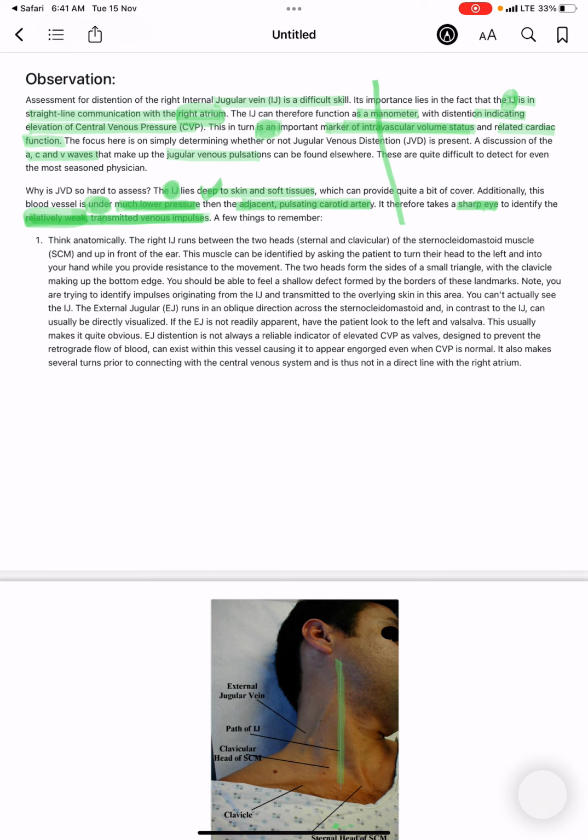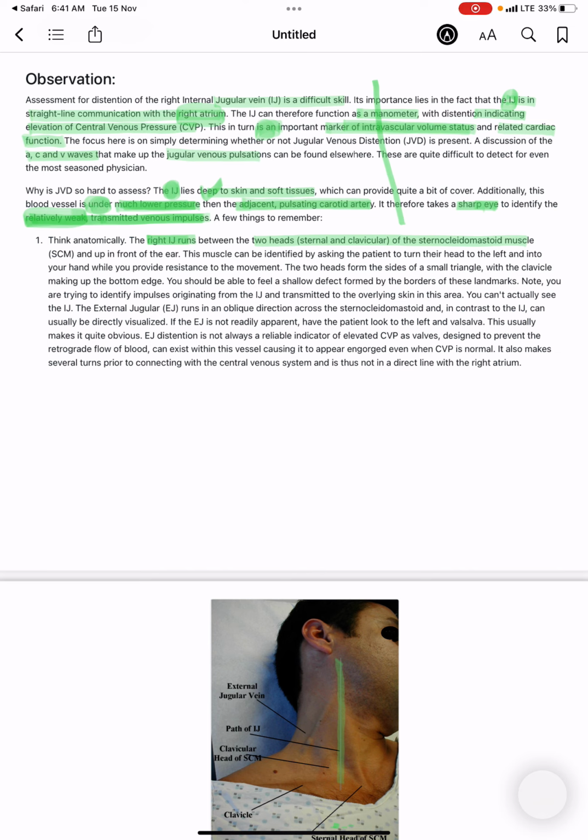So there are a few things to remember. First, think anatomically. The right internal jugular vein runs between the two heads, the sternal and clavicular heads of the sternocleidomastoid, and up in front of the ear.